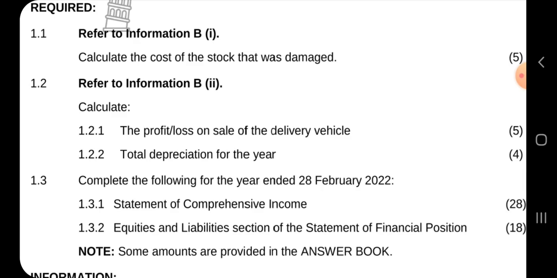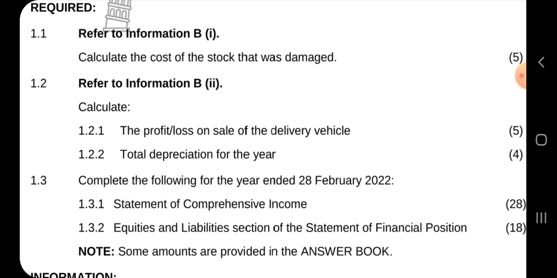Then you compare that figure with the amount that the vehicle was sold for. The vehicle has to be sold for an amount that is more than the carrying value after calculating the depreciation for this year, for it to make a profit.